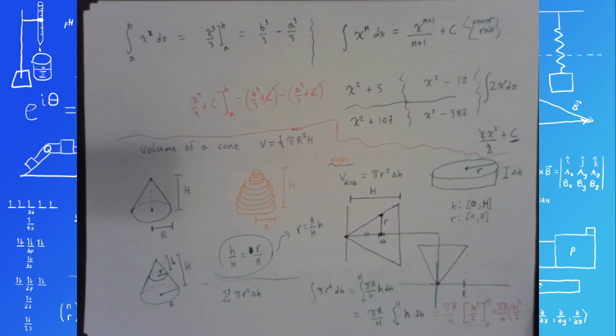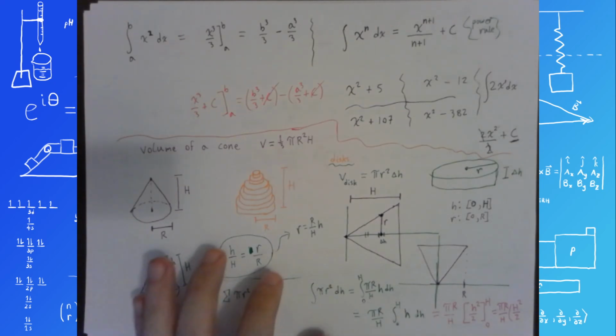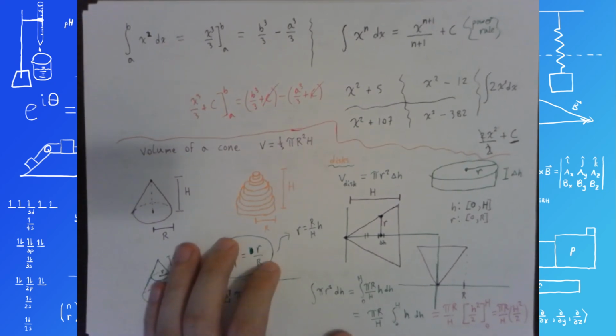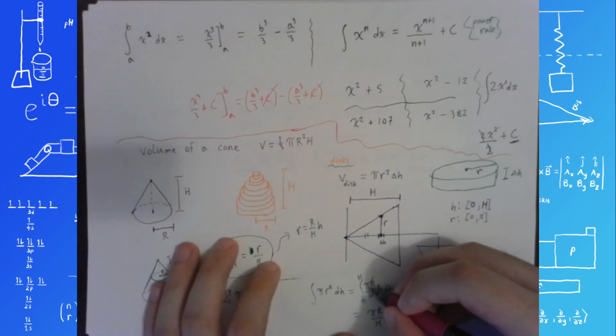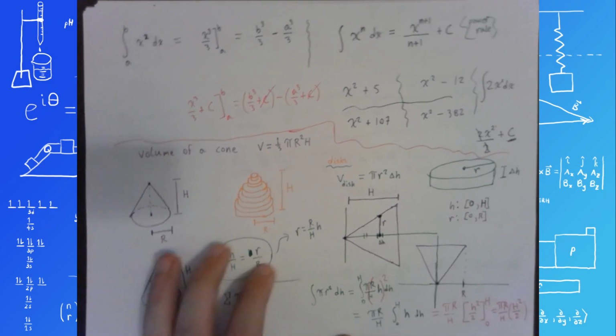Hold on, did I do something wrong? I did do something wrong. I'm seeing it now. I forgot to square my R. This big R over big H times h needs to be squared.